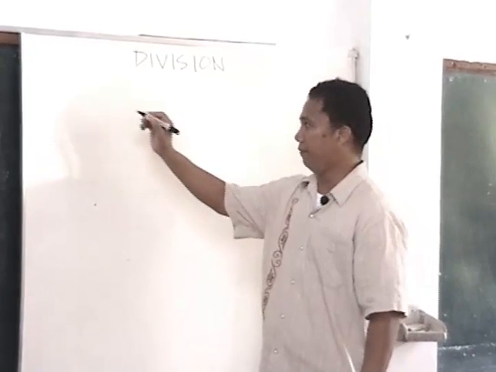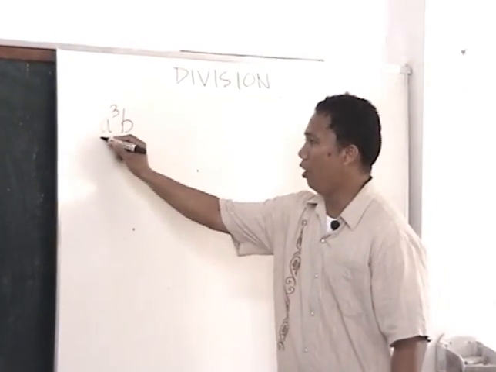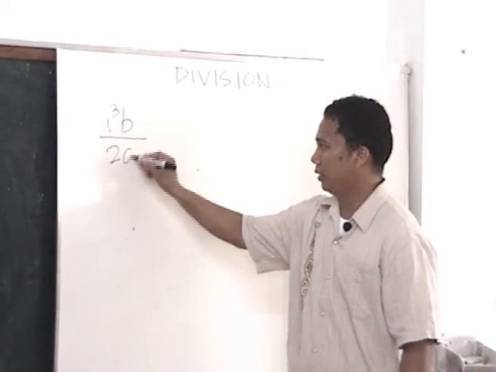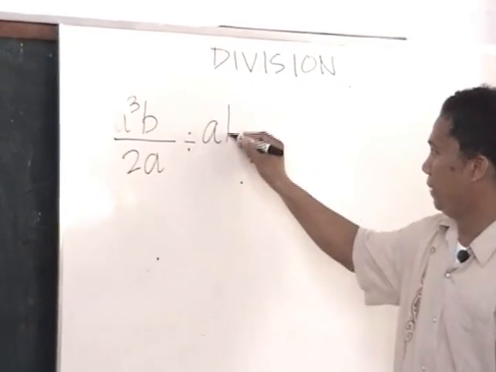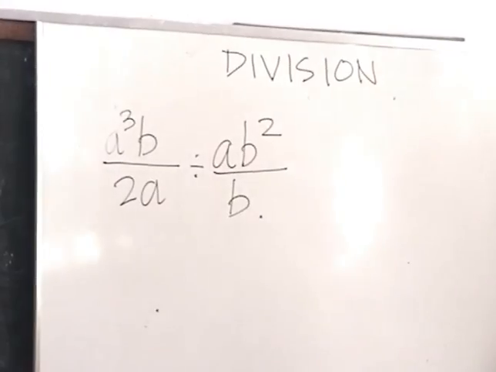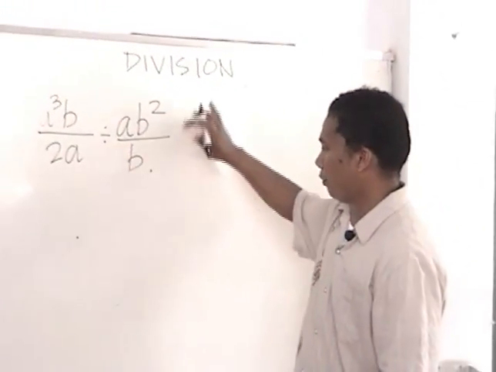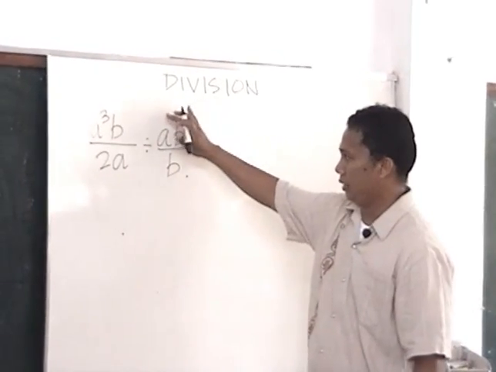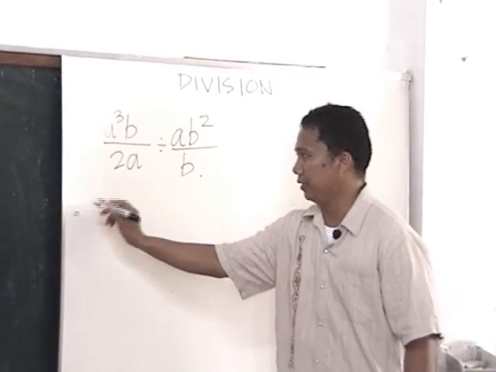Say, for example, we have a cubed b over 2a divided by ab squared over b. As you can see, you have to get the reciprocal of this given value and multiply it by the first value. So you just rewrite the first value here.